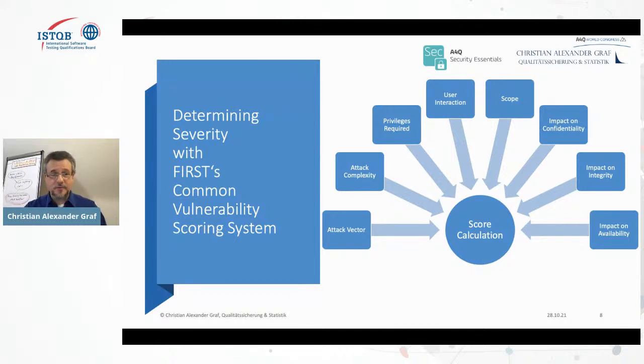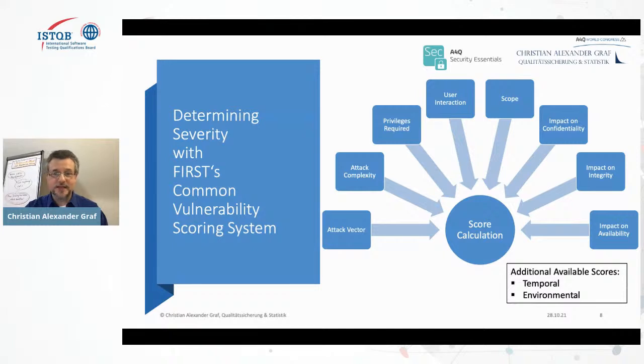And from your choice for all of these properties, then a score is calculated. The formula is a little bit complicated, but of course there's a standard that explains how the score is calculated. And there are websites like, for example, on the NIST website, there's a calculator that you can use to calculate a common vulnerability score.